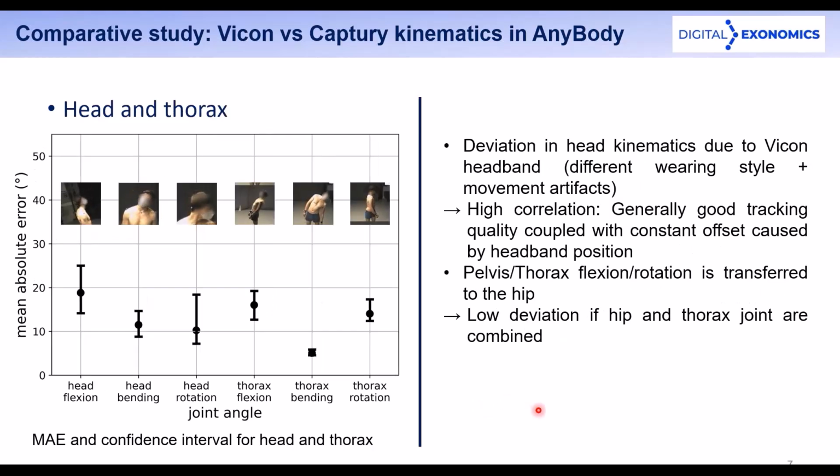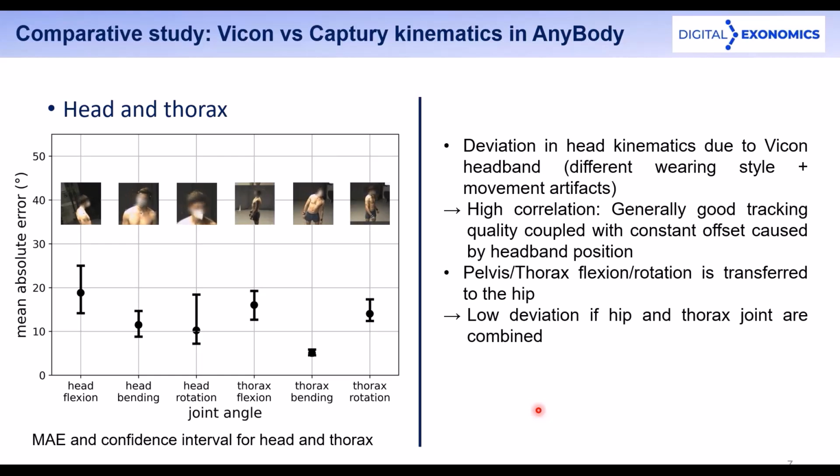When we look at the head and the thorax, we can see that for the head, the correlation between kinematics from both systems is actually quite high. However, there is still some considerable error or offset between the two systems. We assume that the reason for this is the headband the subject is wearing for the marker-based system.